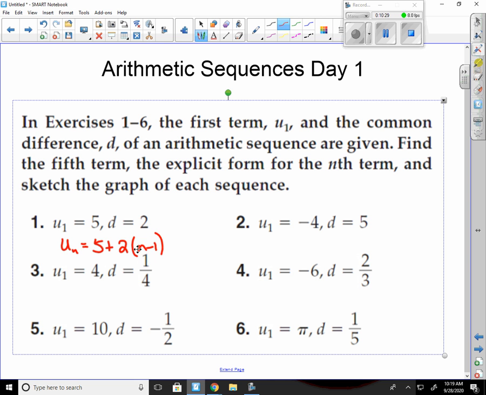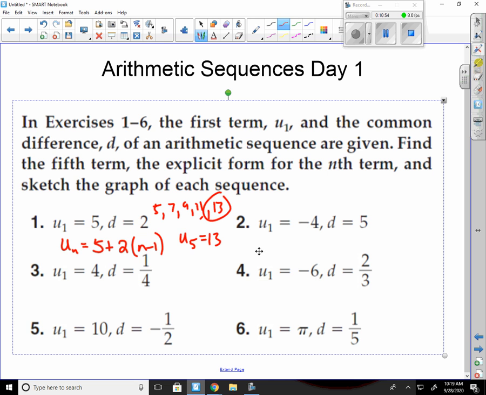Find the fifth term. I can now plug that in. 5 minus 1 is 4. 2 times 4 is 8. So u sub 5 would equal 8 plus 5, which is 13. If I wanted to list those terms out, I could do that. 5, 7, 9, 11, 13. That's my fifth term. That works.